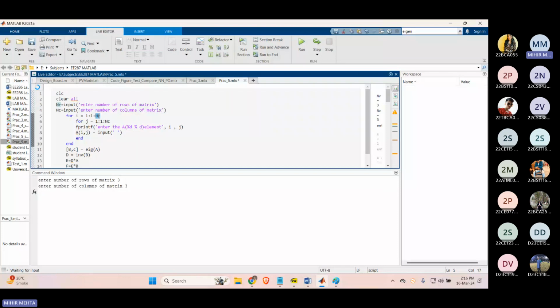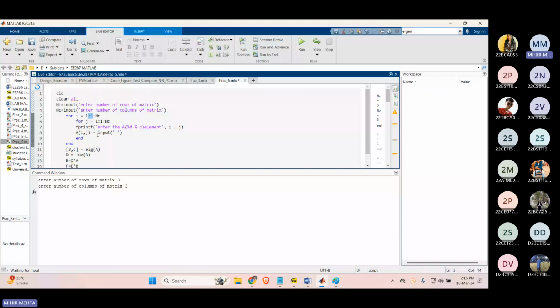Now, what is this going to ask us? If I run this loop, it starts from 1. Even if I don't use the middle 1, it has the default value of 1.